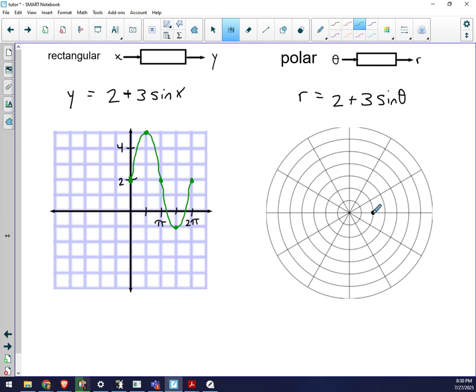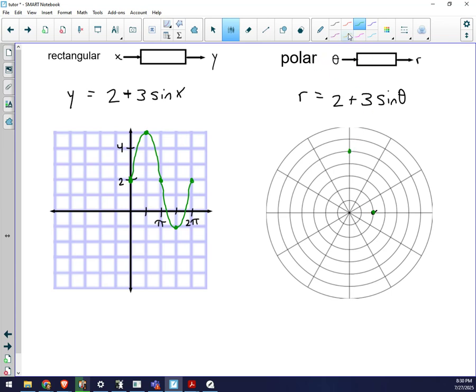Now, when x is pi halves, y is 5. That means when theta is pi halves, that's right here, the radius r is 5. 1, 2, 3, 4, 5.